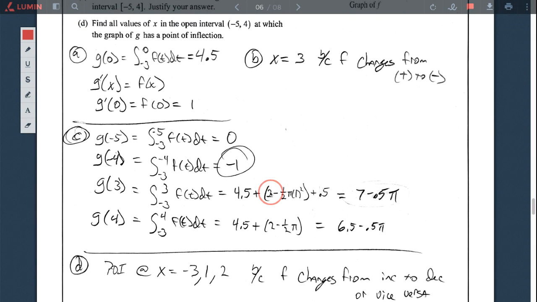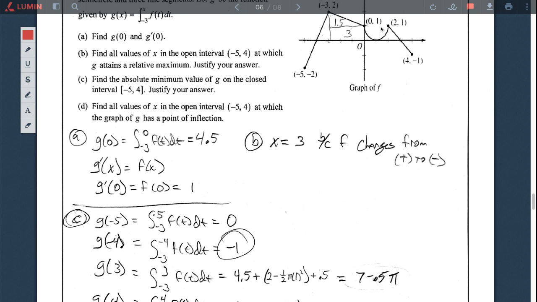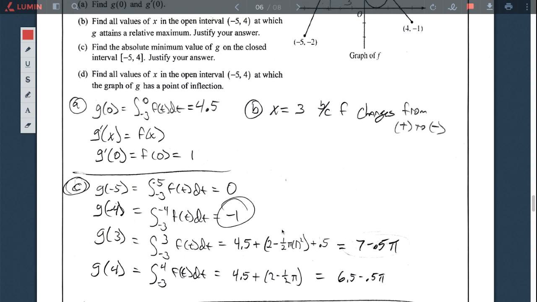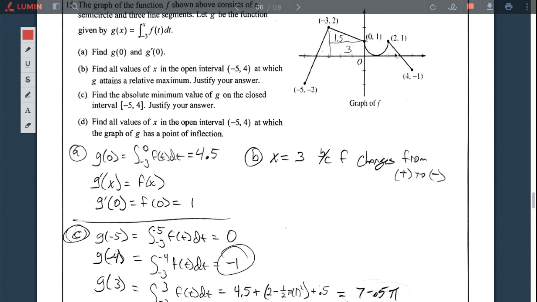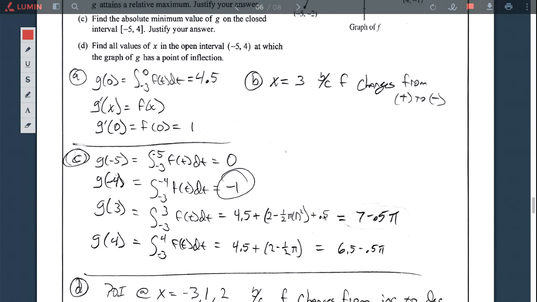So that's why I have the 2 here. And then minus the semicircle. The semicircle has a radius of 1, so the semicircle is 1/2 pi r squared. You see my radius there is 1. And then I have another 1 by 1 triangle, which has an area of 0.5. So that's why I've got the 0.5. When you put all that together, you get 7 minus 0.5 pi.